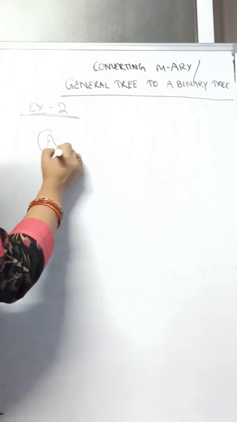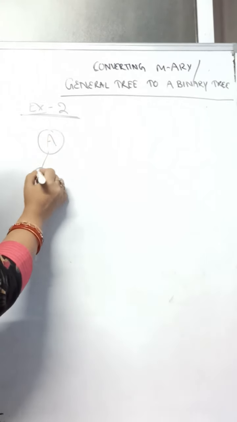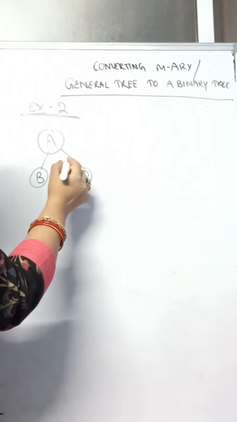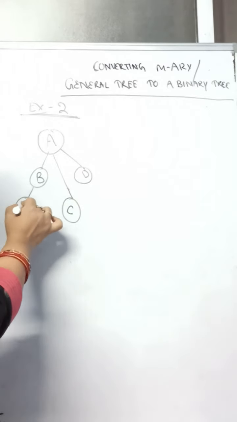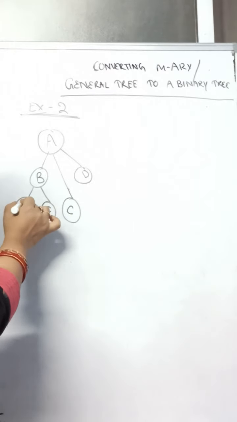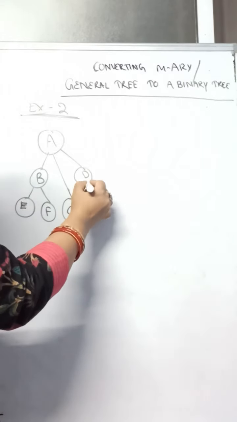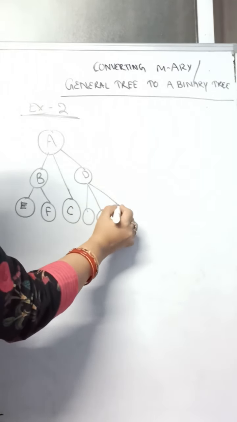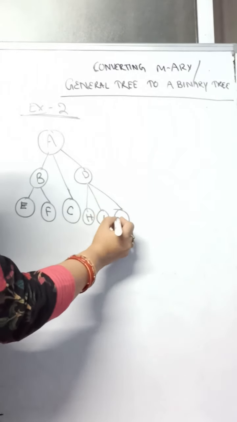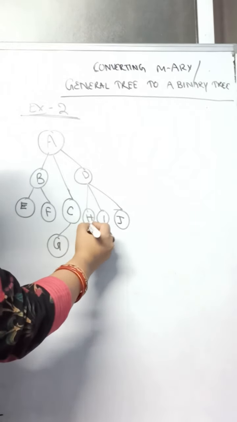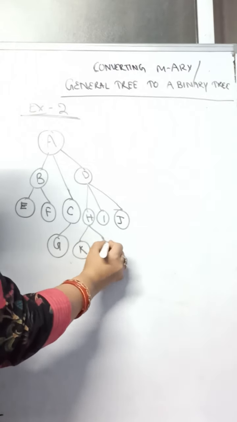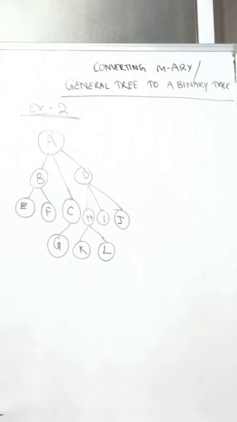So this is A, and suppose this is B, and this is D, and this is C, then E, F. Then suppose one has 3 children, H, I, J, then G, H, K and L. So this is your question tree.